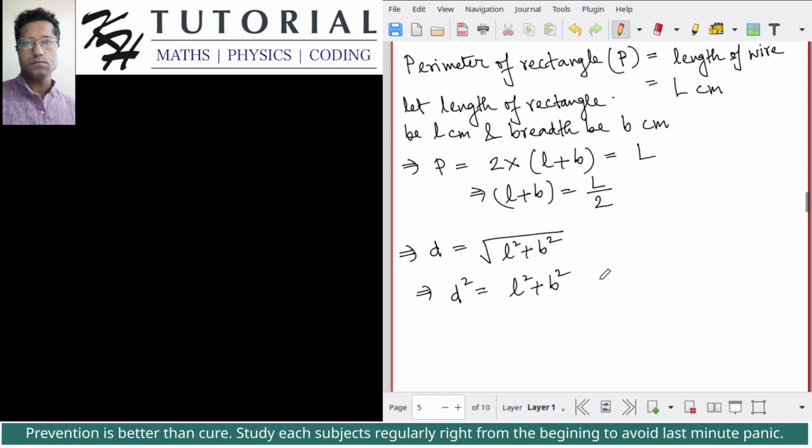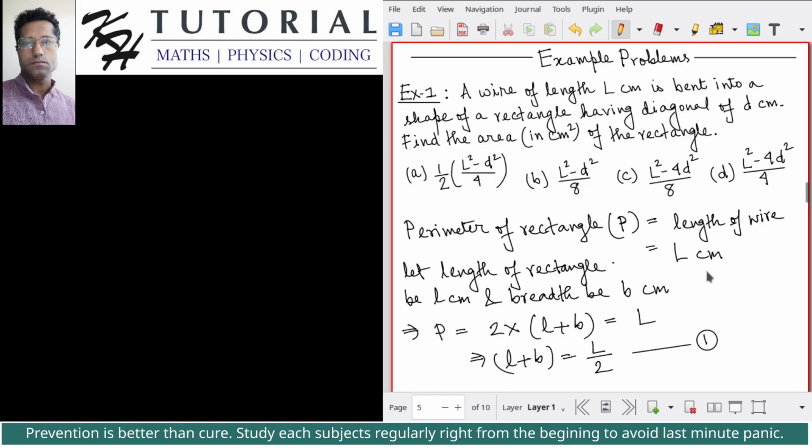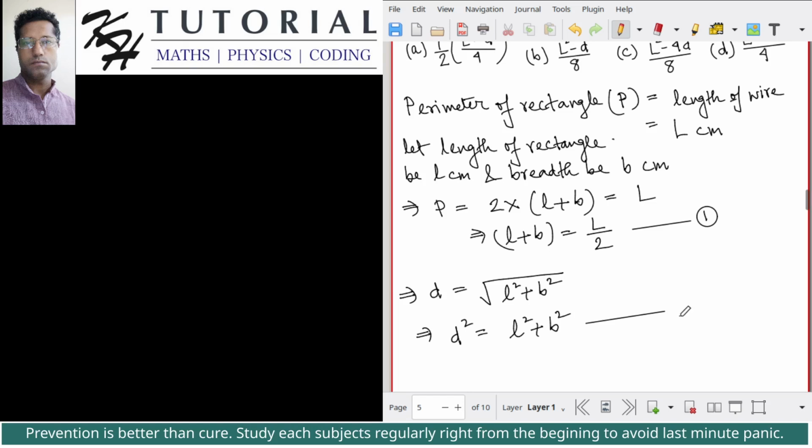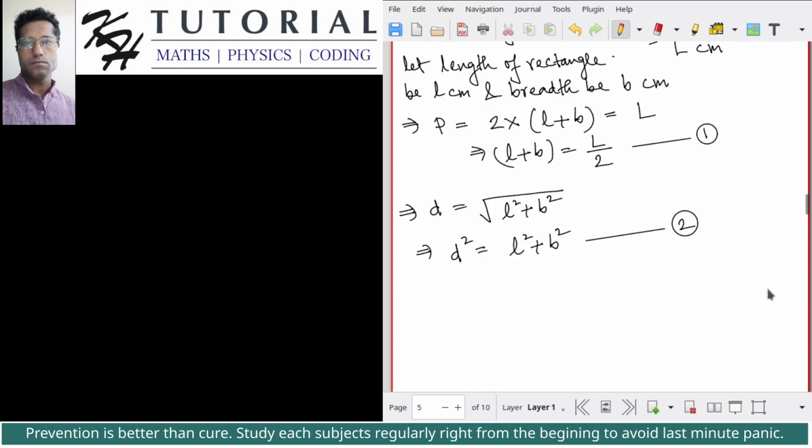So we have these two results. One is that l plus b is equal to capital L by 2, and the second is l square plus b square is equal to d square. We are given capital L and small d in the problem. So using these two, we have to find l into b, because l into b is the area of the rectangle.